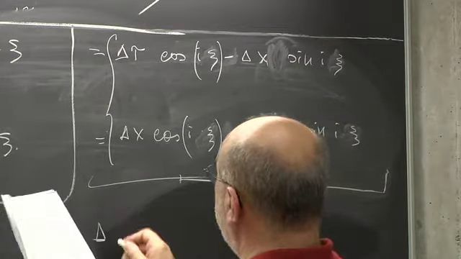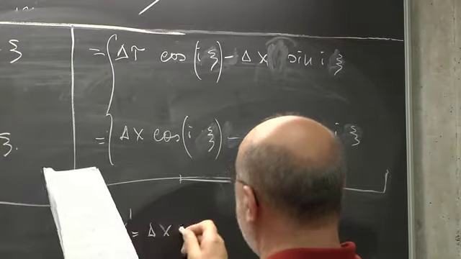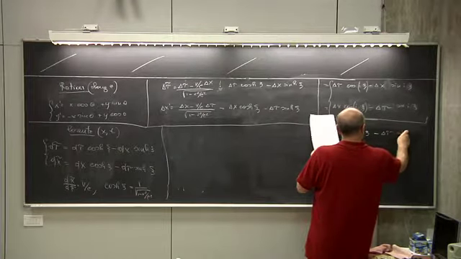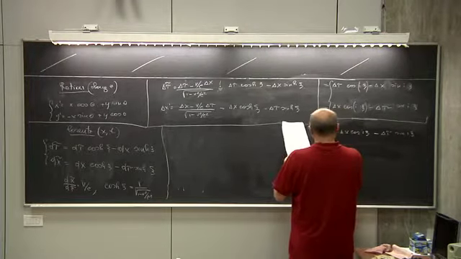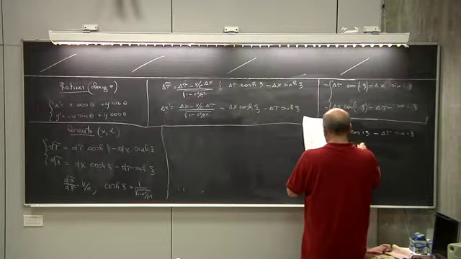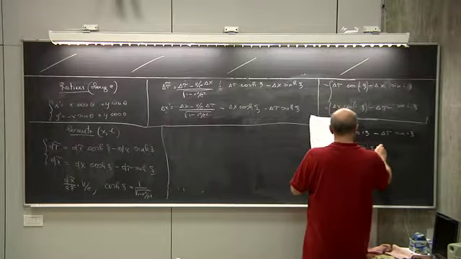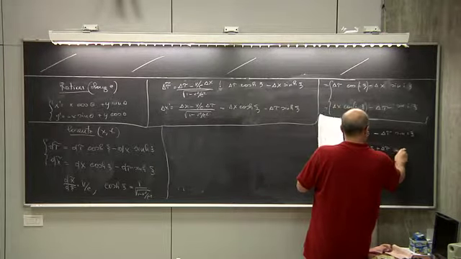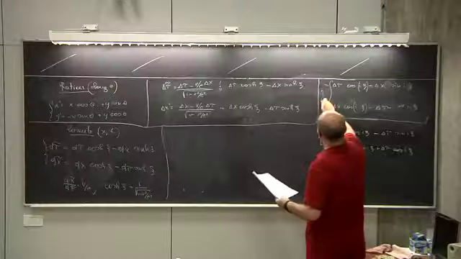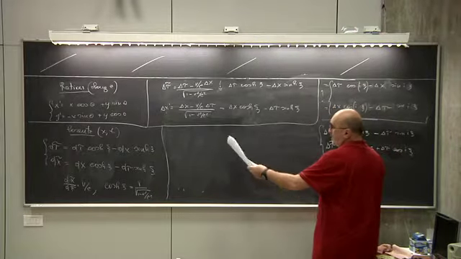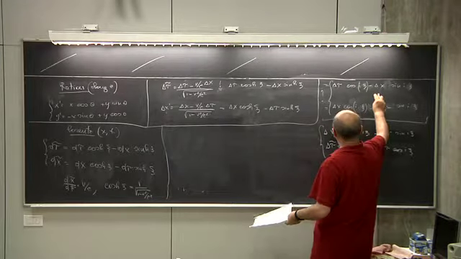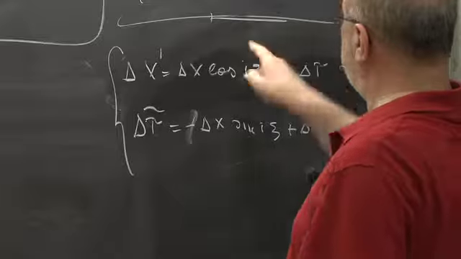Okay, this one you can write delta x prime is equal delta x cosine ixi minus delta t sine ixi, and delta tau tilde is equal minus delta x sine ixi plus delta t cosine ixi. Okay, so I've taken these two. These are the ones to be checked, because I made a mistake in the transformation of the cosine hyperbolic and sine hyperbolic. This should be the one that is checked, and then this one is equal to this.